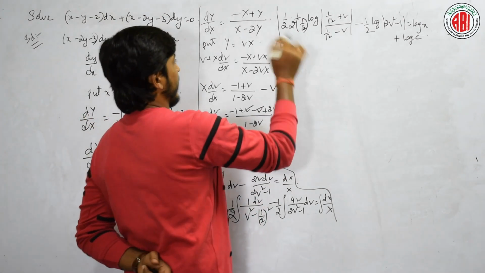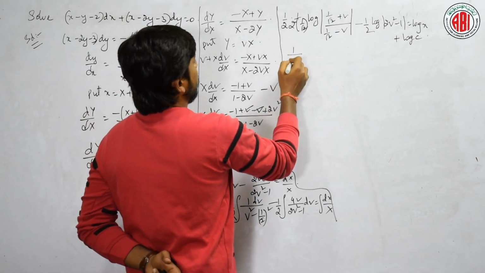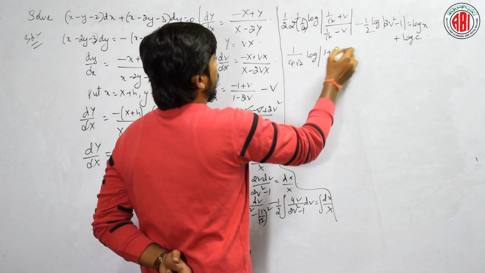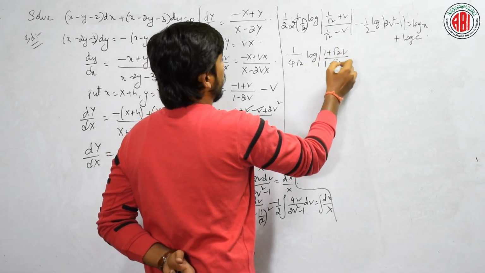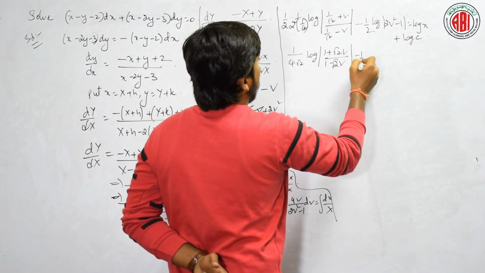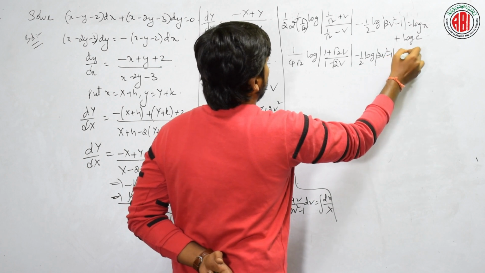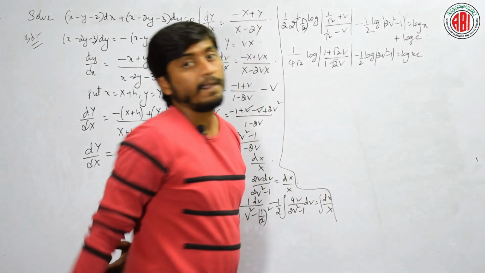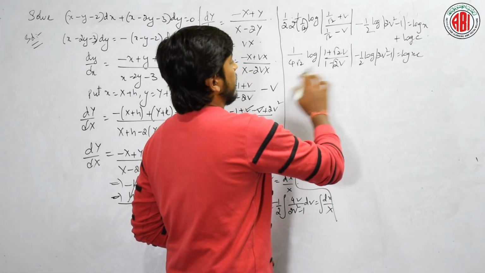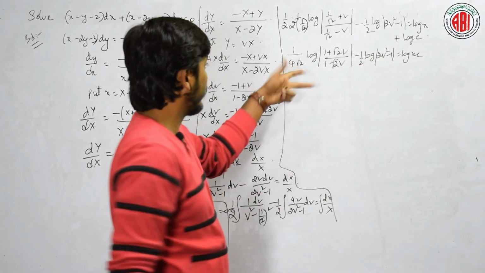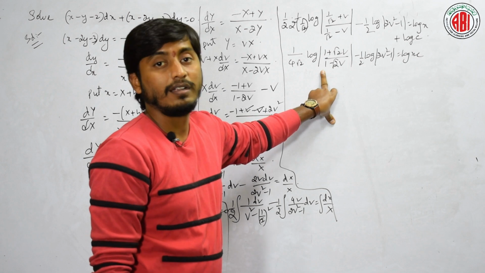Let us simplify this. We will get it as 1 by 4 root 2 log 1 plus root 2v by 1 minus root 2v minus half log 2v square minus 1 is equal to log xc. Okay. Now let us simplify this. What do we get? If I take 1 by 2 common, we will be left with some more terms here, is it?